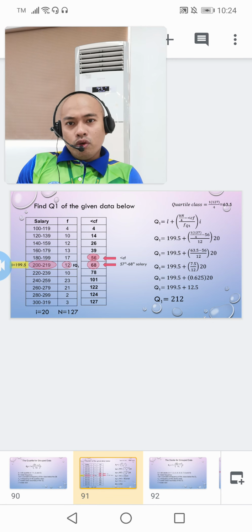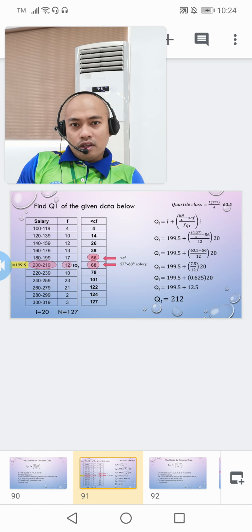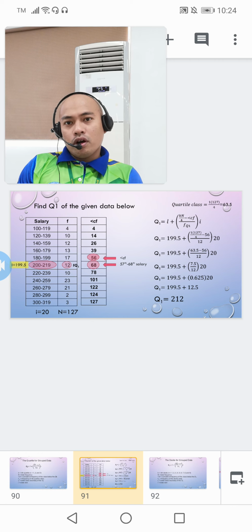And why did we multiply it with 127? 127 is the value of your n. What is n again? It is the total number of frequency which is located below this frequency table. n is equal to 127, divided by 4. Divided by 4, the denominator is constant. Since we are looking for quartile, we are dividing the distribution into 4 equal parts.